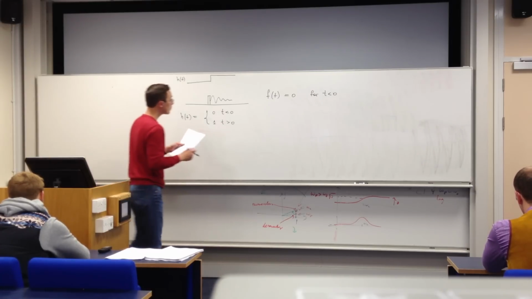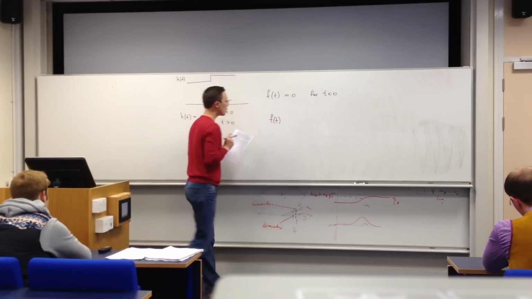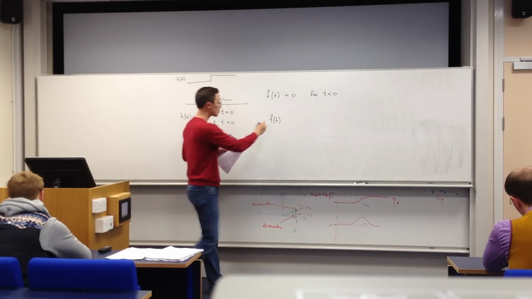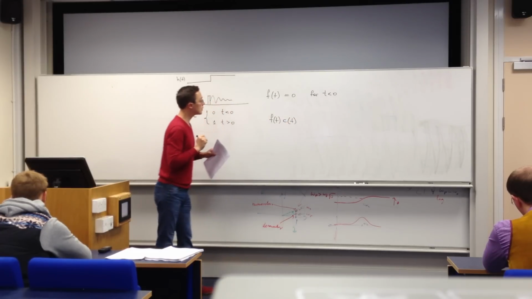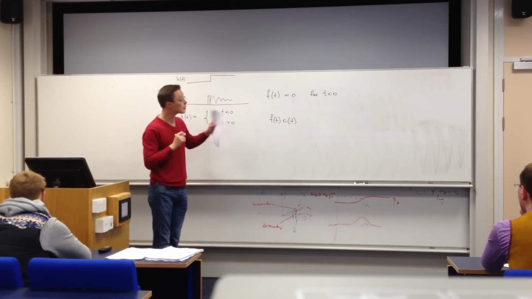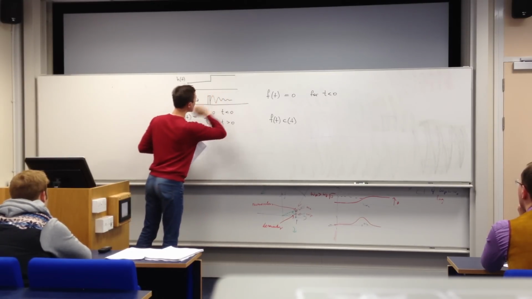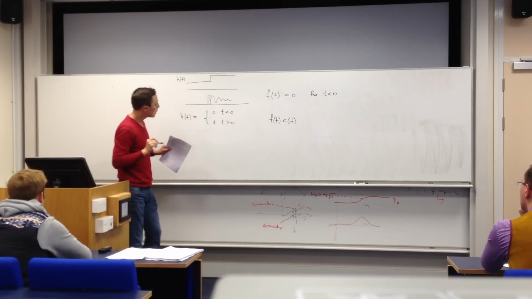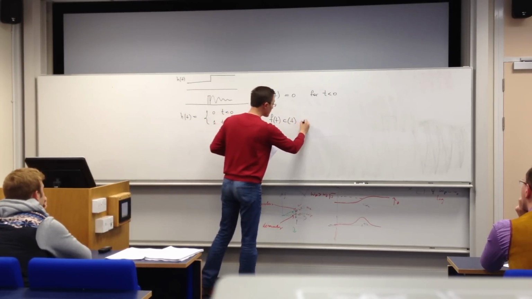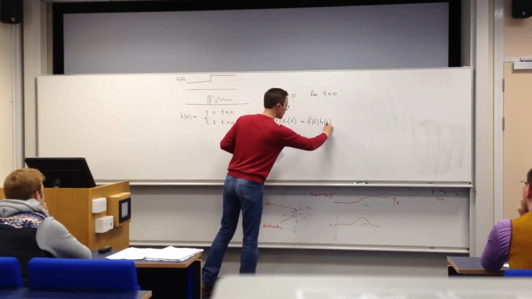And so our f of t, if we multiply it by a constant, so just multiply it by 1 everywhere, and this will be our c of t, and c of t will just be 1 everywhere, this product should be the same as if we multiplied by the Heaviside step function, h of t.